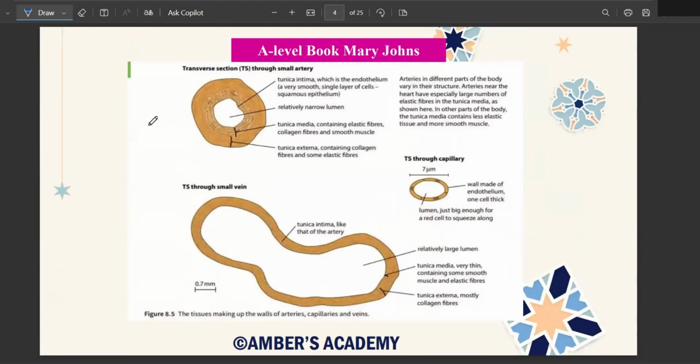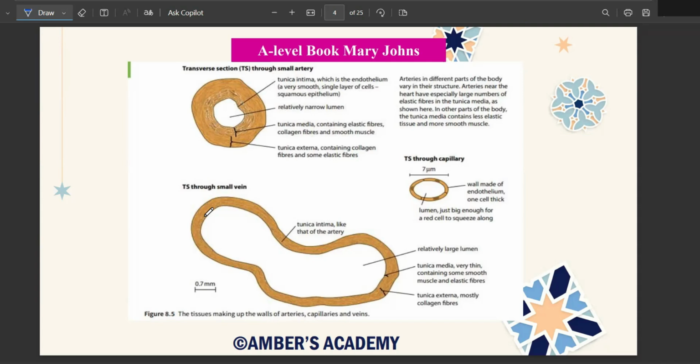All right. Then this is the transverse section of artery, vein, and capillary. This is a very important question. I think these terms might be new for you. I'm sure you're aware of artery and vein, but usually a question comes in paper 1 where they ask you to identify or differentiate between an artery and a vein.